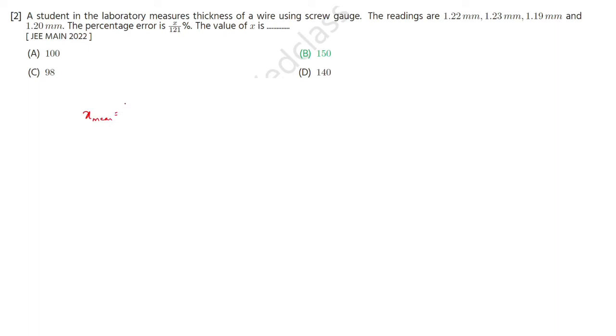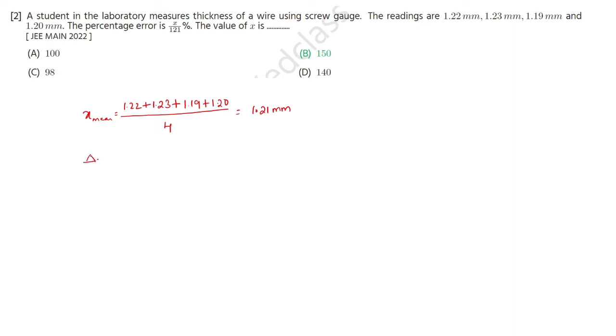Okay, that is 1.22 plus 1.23 plus 1.19 plus 1.20 divided by 4. So you will get it as 1.21 millimeters. So after finding out the mean value, next you should find out the absolute errors in each and every measurement.